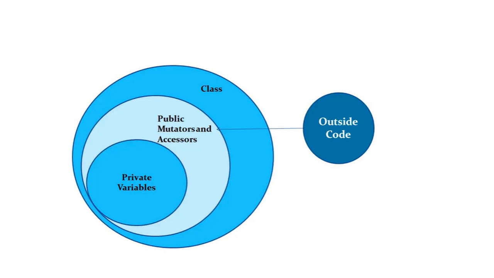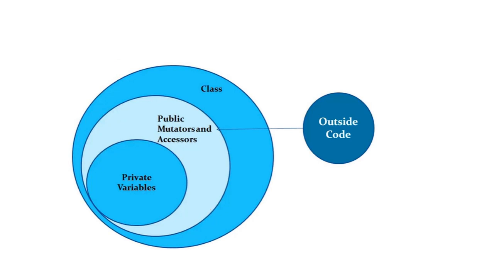What benefit will we get? Suppose we have some variables that we declared as private, and we provide some public methods. We keep these variables and public methods inside the class. That means these private variables are accessible only inside this class.